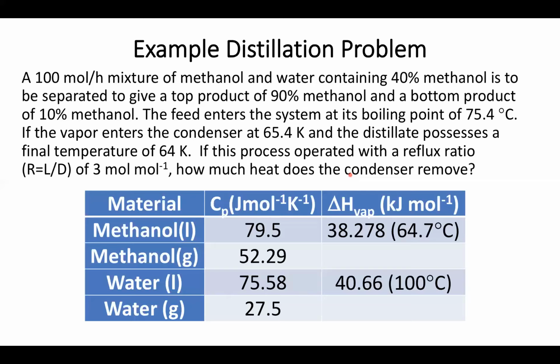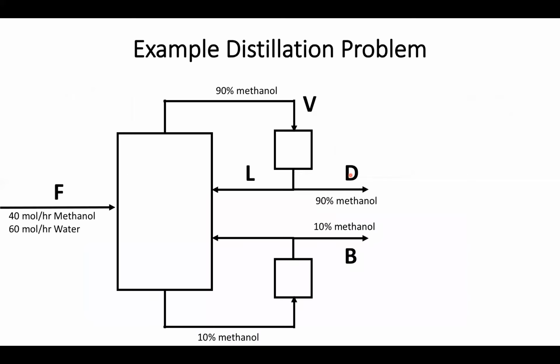The question is, where do I start trying to solve this problem? The answer, as always, is I draw a diagram. So I have a feed that's slightly richer in water, and I'm generating 2 products: the distillate slightly richer in methanol and the bottoms slightly richer in water.